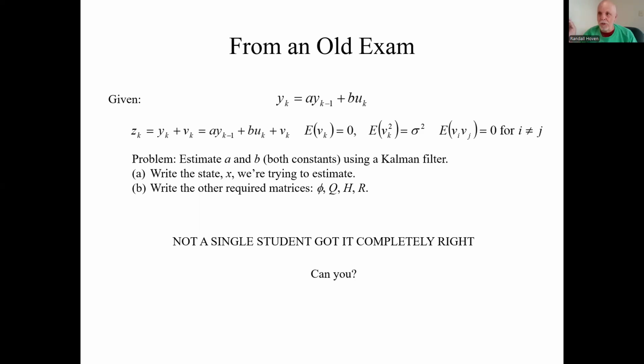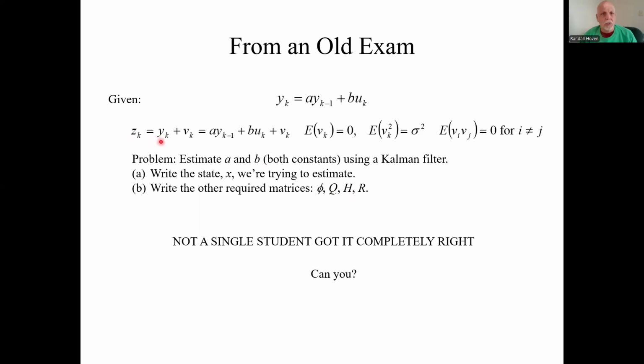So our Q is 0, and our phi is the identity matrix, just like in the previous example. Although this is now not a scalar, it's a 2-dimensional vector. So that's the state X. We know the phi now is identity matrix. The Q is 0. What's H going to be?